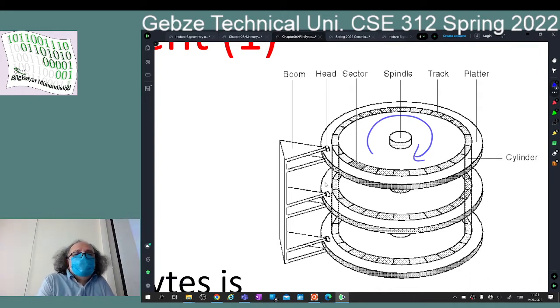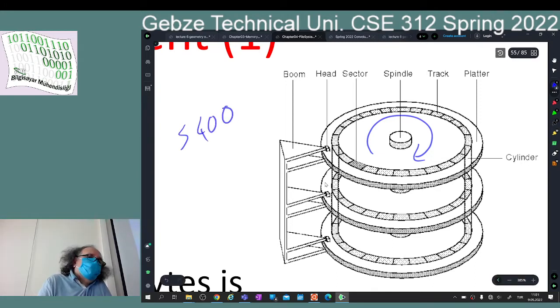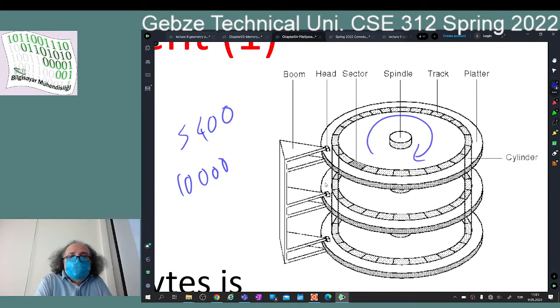Very, very fast. It's like 5,400 rotations per minute we are talking about. Sometimes it is more than 10,000 rotations per minute, depending on your disk technology. I store my data on these tracks, right?